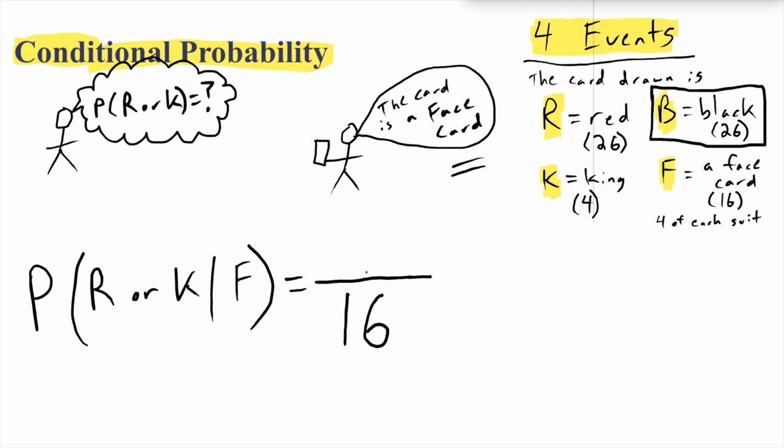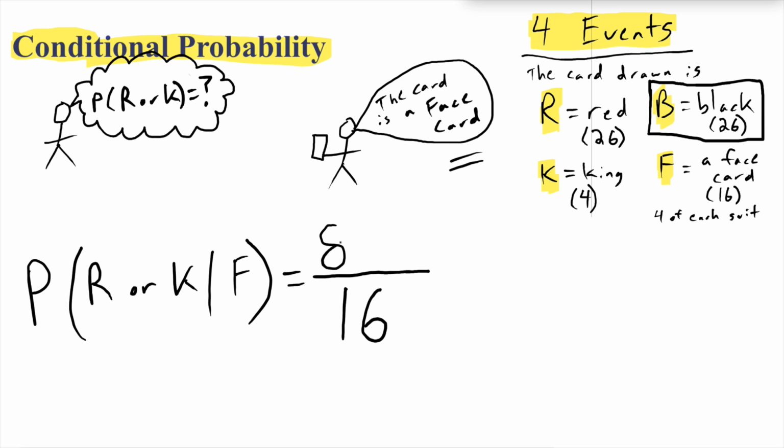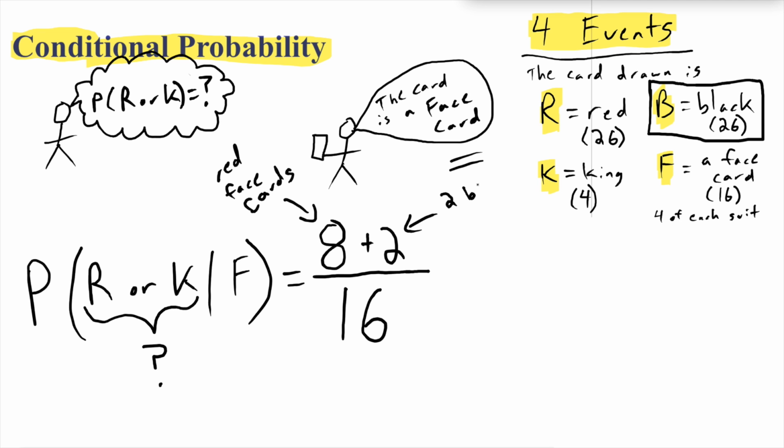And now of those, we have to think how many are red or kings. Well, there are the 8 red face cards. And then we have to wonder, are there any other cards that are either red or a king? Well, yeah, there's actually the 2 black kings.